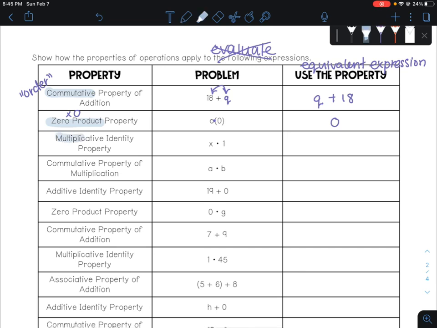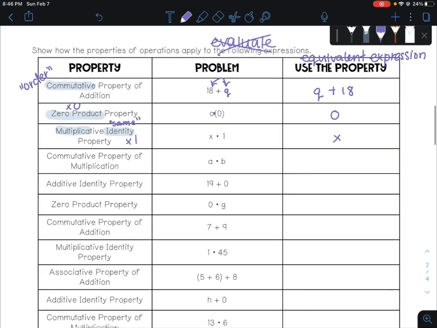Okay, next, the multiplicative identity property is the identity property with multiplication, meaning what makes something stay the same when it's multiplied. And that would be times the number 1. So if we do x times 1, that's just x, because anything times 1 is itself, based on the multiplicative identity property.